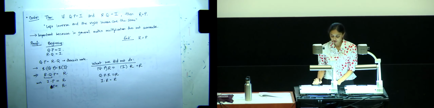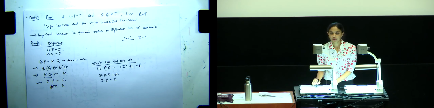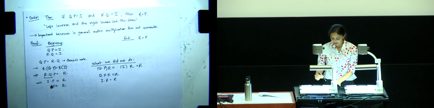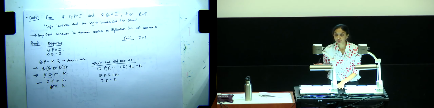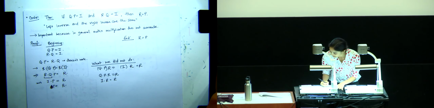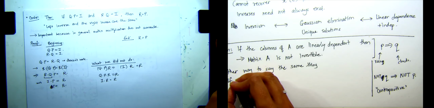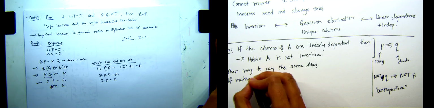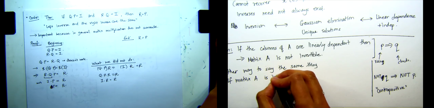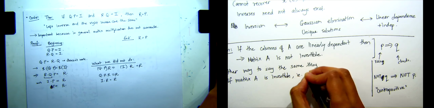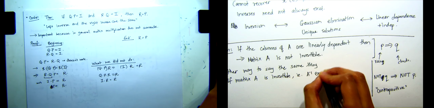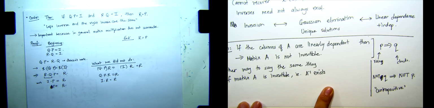But now, in the context of the problem that we're talking about, what is another way to state this theorem? We're not proving it, but we can say that if matrix A is invertible, which means that A inverse exists, right?